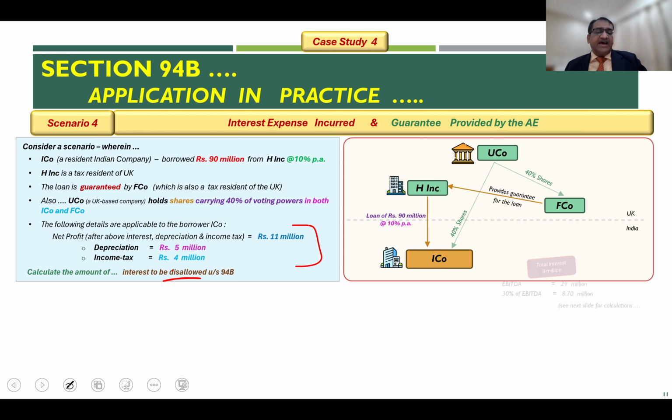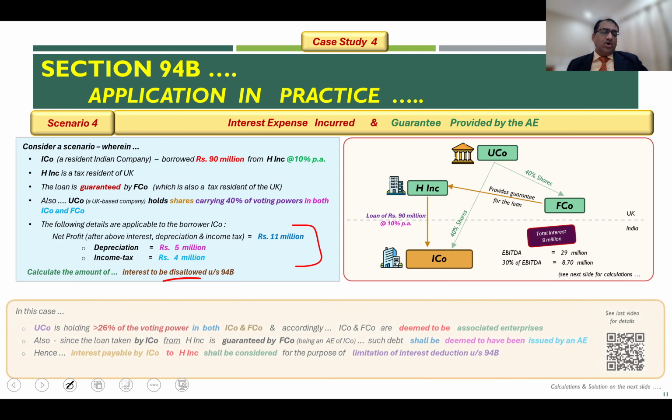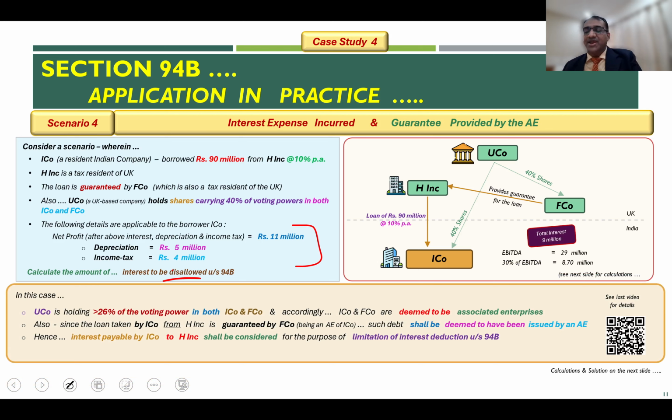What is interesting to note in this case is that UCO is holding 40% in ICO as well as in FCO. So UCO is holding more than 26% voting rights in both of these entities.